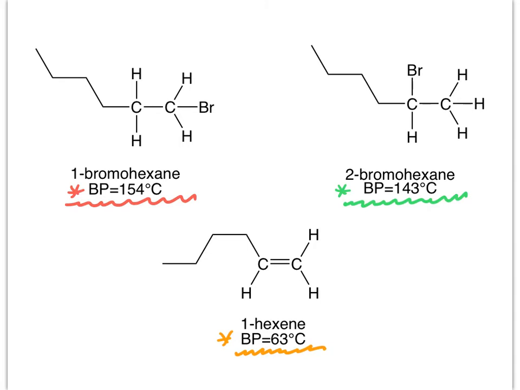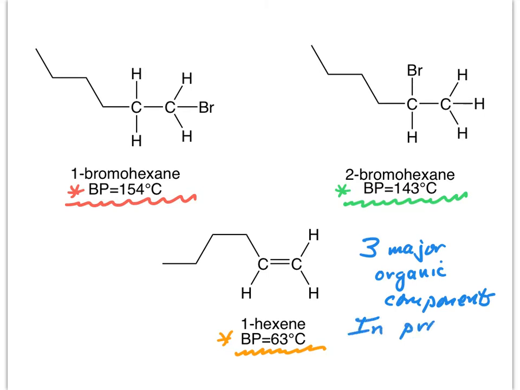So these should be our 3 major components in the product mixture. We've got our 2 potential products and our unreacted starting material. Let's put that in here.